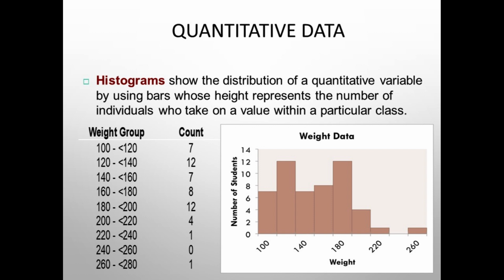So these are much more frequent among the students in the sample. We also notice that we have an outlier, one individual who is located in the 260-280 category. An outlier is an individual who falls outside of the overall pattern or records extreme values.